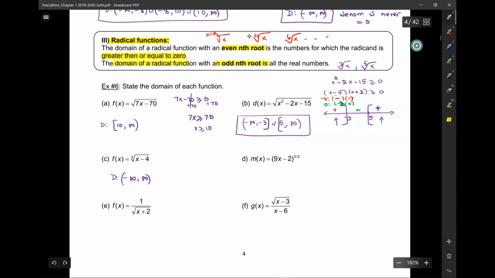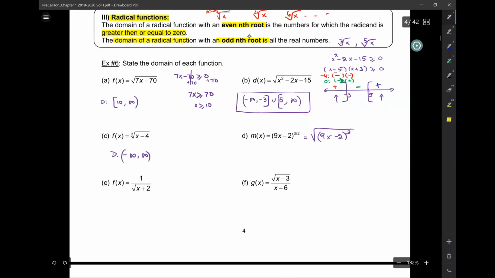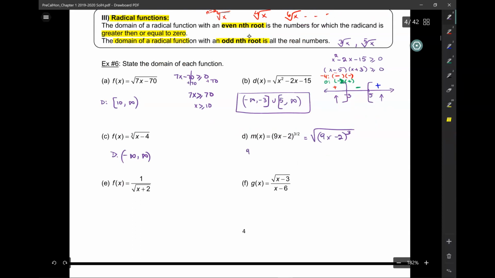Okay, what about this next one? I like to rewrite this. An exponent of 3 over 2 is the square root of 9x minus 2, cubed. So this is a square root, which means the inside has to be positive or 0. So I say 9x minus 2, cubed, is greater than or equal to 0.